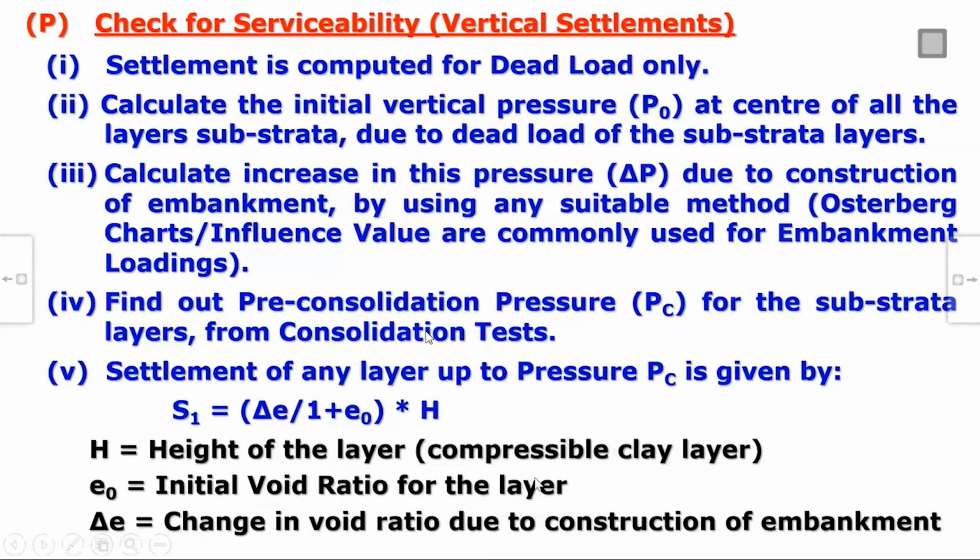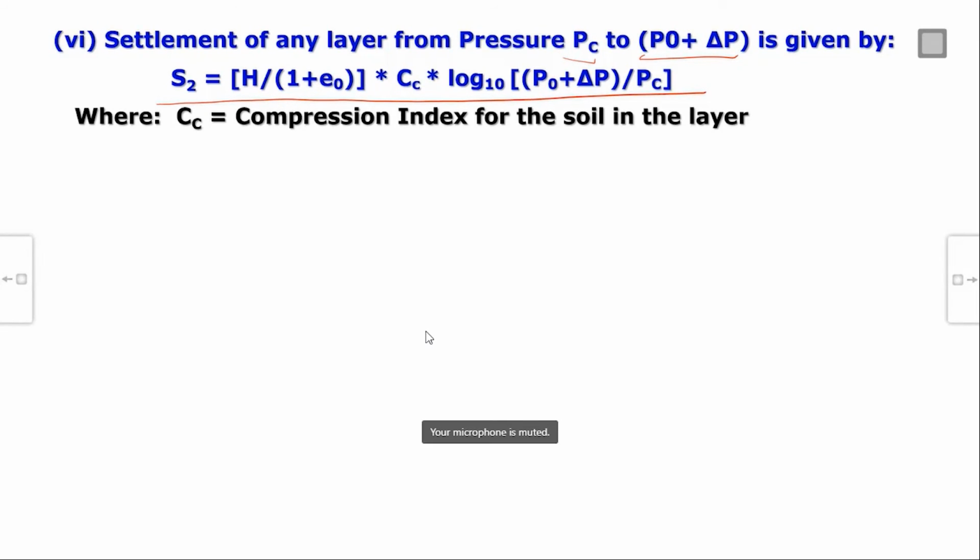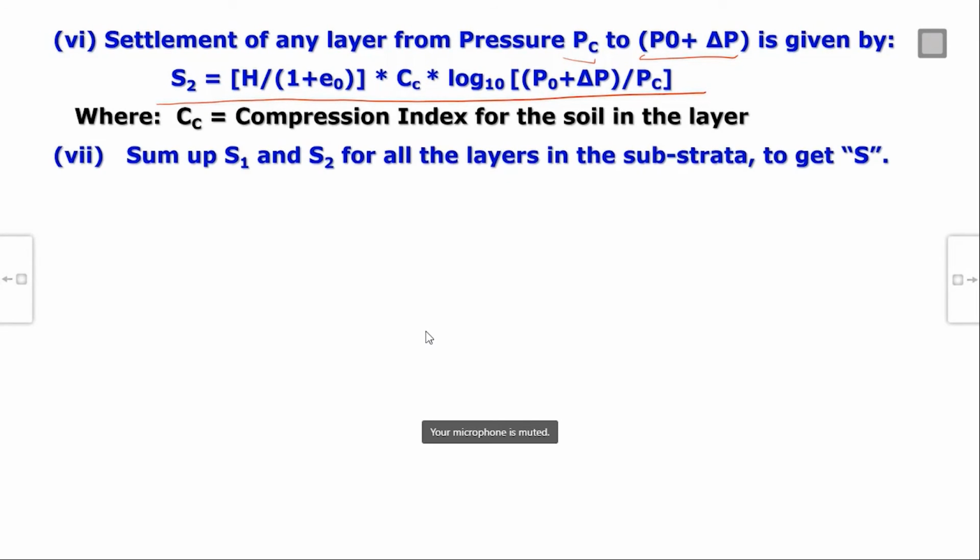That also you can find out from your consolidation test. And then settlement of the layer from Pc to P0 plus delta P is given by this formula. Again, all H, E0. Cc is the compression index, which you find out from the consolidation test. Then you sum up S1 and S2 for all the substrata layers.